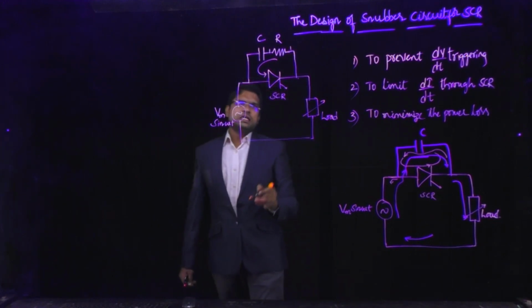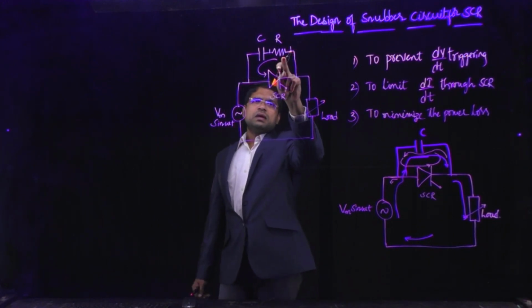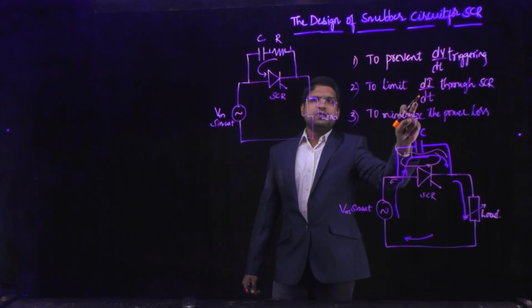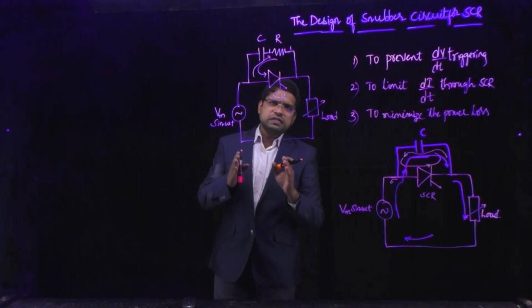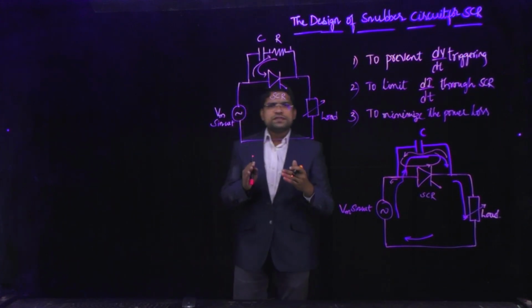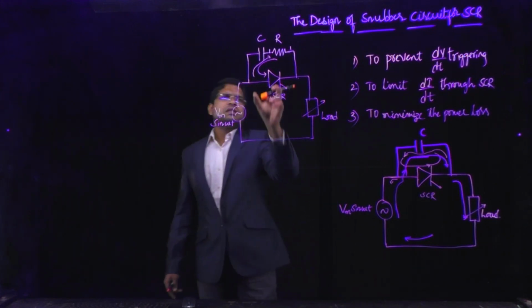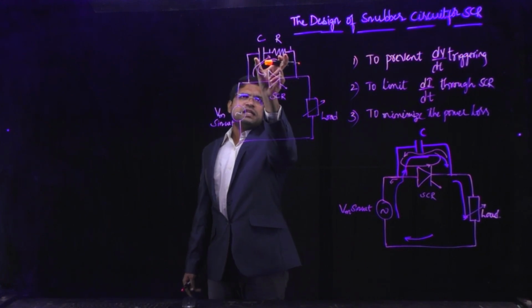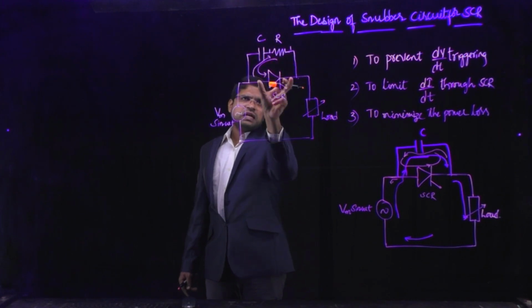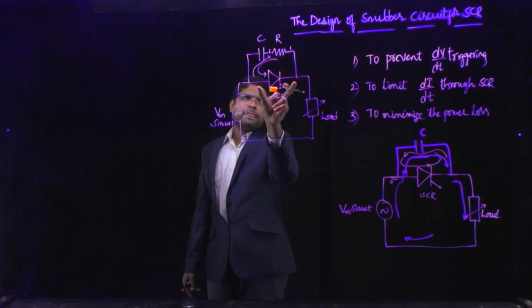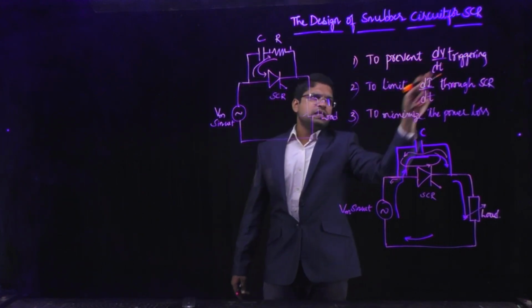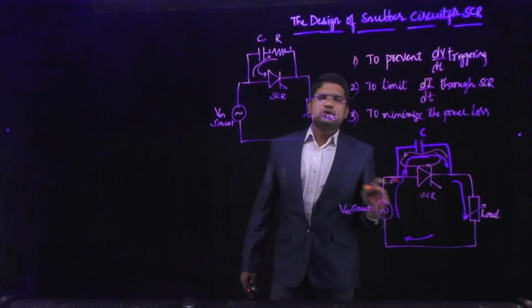So this is the design of the snubber circuit. Here we can see two elements, a capacitor and a resistor connected in series, and this combination is connected in parallel with the thyristor. It is used to prevent dV by dt triggering and to limit di by dt through the SCR.